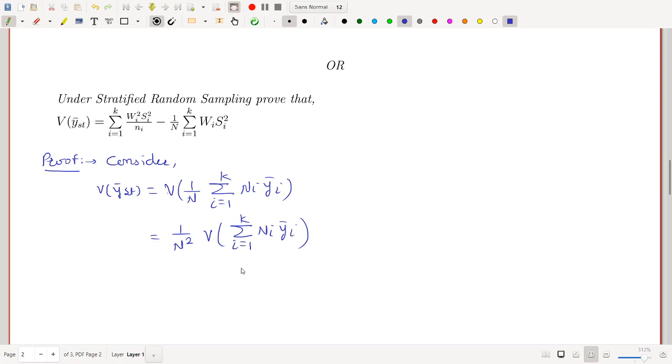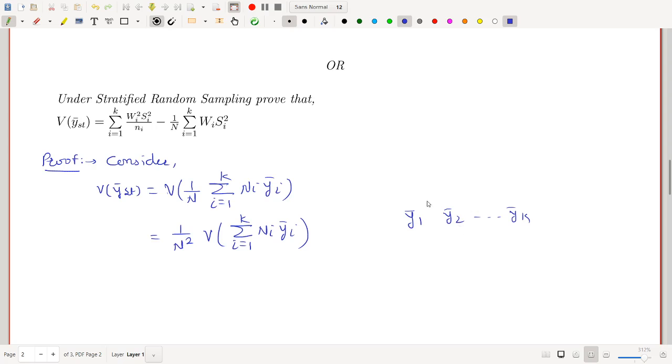Now y bar 1 means first strata sample mean, y bar 2 means second strata sample mean, and y bar k means kth strata sample mean. These are the y bar i's. Now the first strata is different, the second strata is different, up to the kth strata is different, and the samples drawn from these strata are also different.